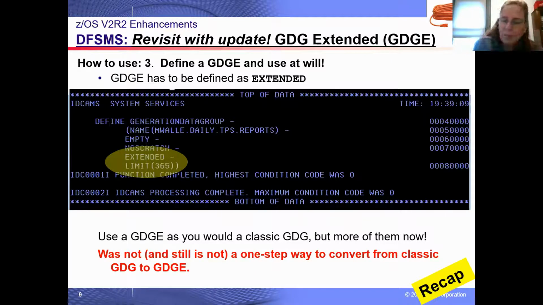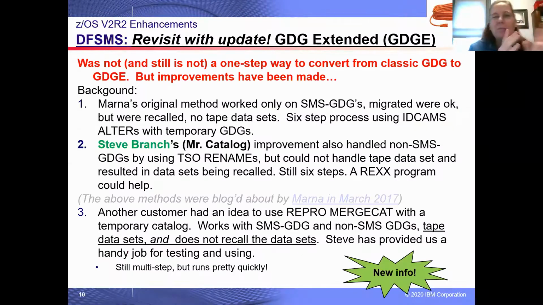So we've had some things that we've done in order to do conversions from GDG to GDGE. This is where the new info comes in. When we first had GDG extended, GDGEs, I looked at this problem and I said, okay, I'm going to figure out a way to do this. So in what I'm calling Marna's original method, I created a 6-step job and I used IDCAMS ALTERs in it, and I created some temporary GDGs.